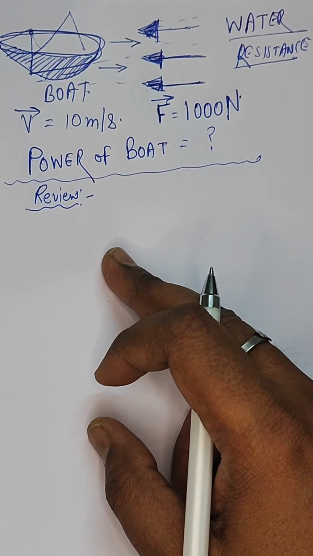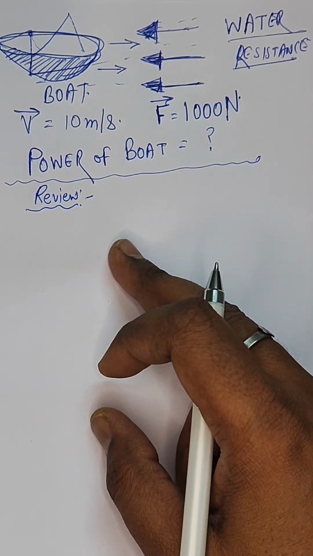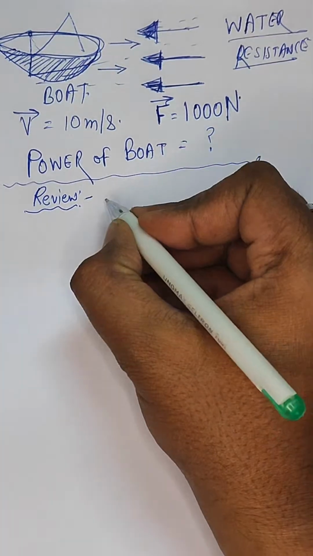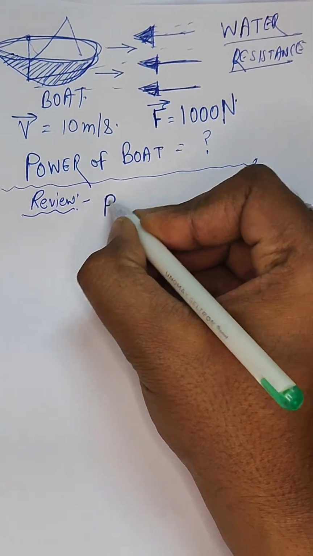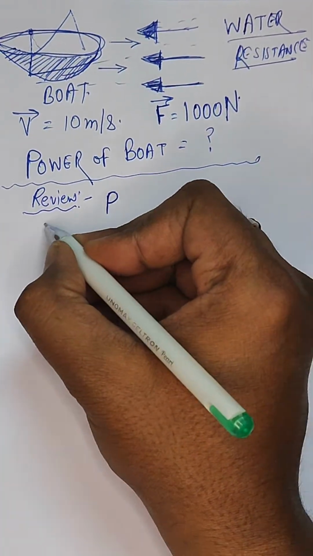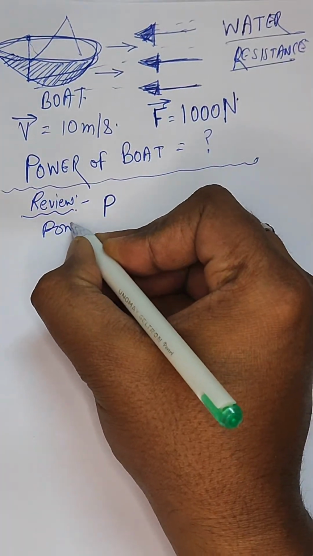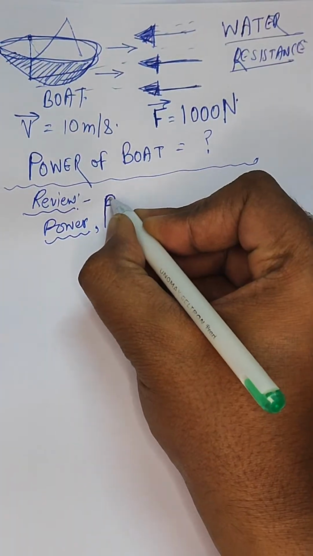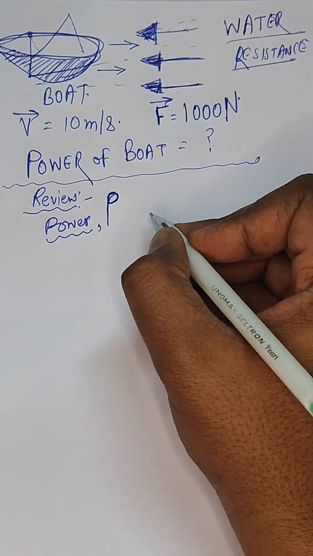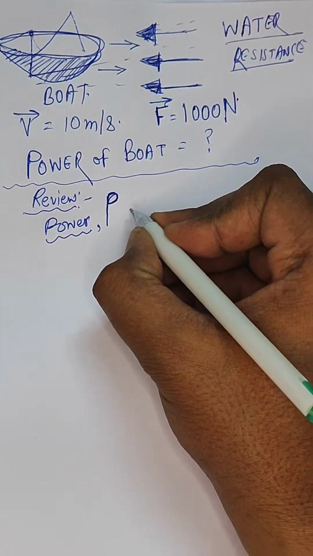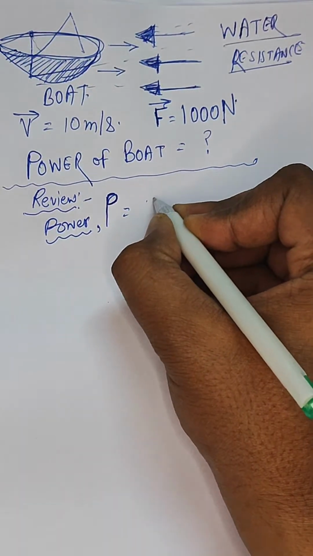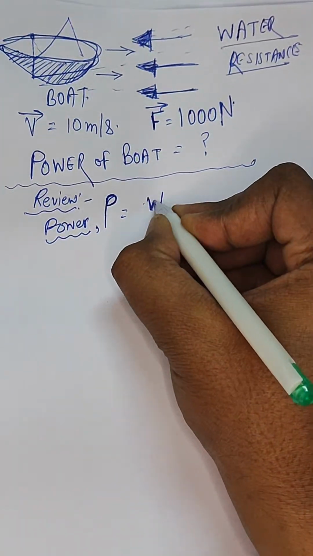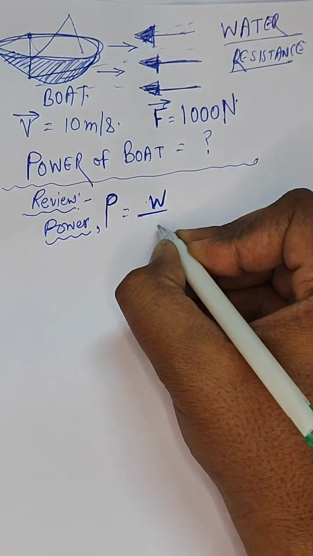So at any given instant, it is denoted by P. This power P is the rate of change of work done per unit time, isn't it?